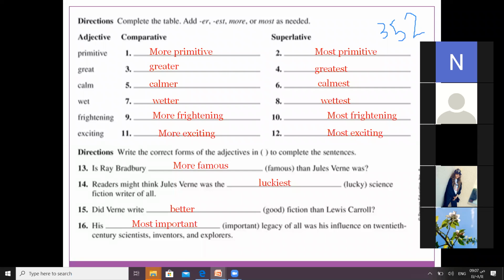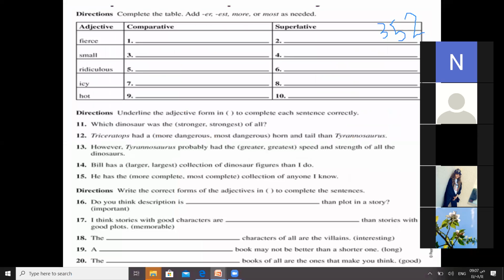The rest of the class, try to participate with me. Now, next question, page 378.